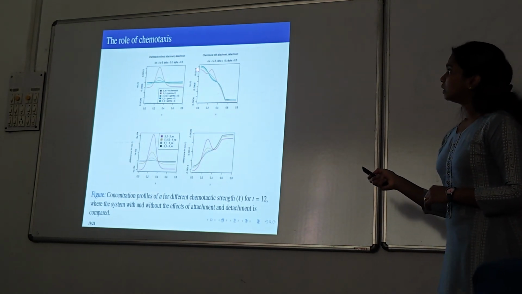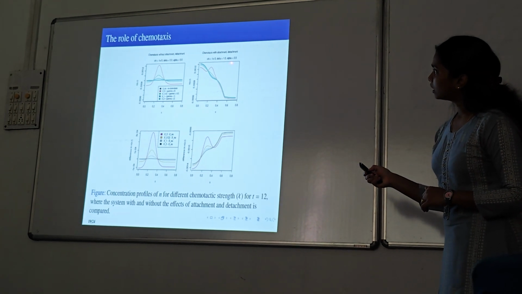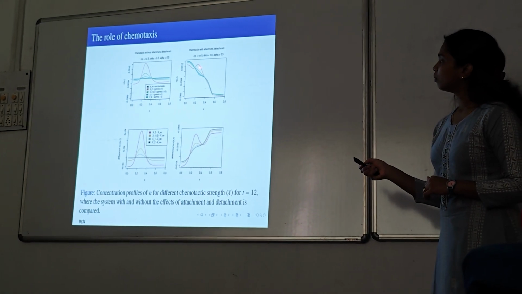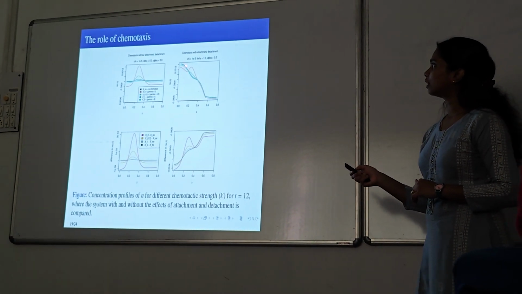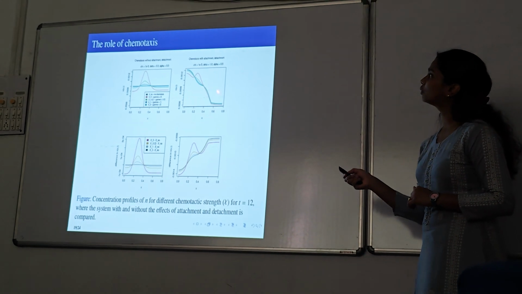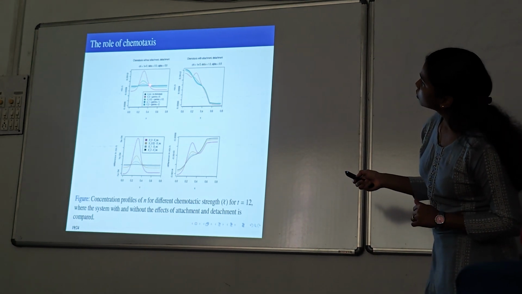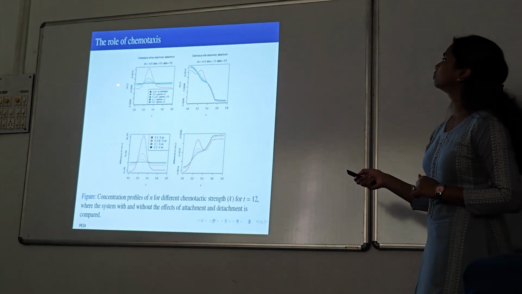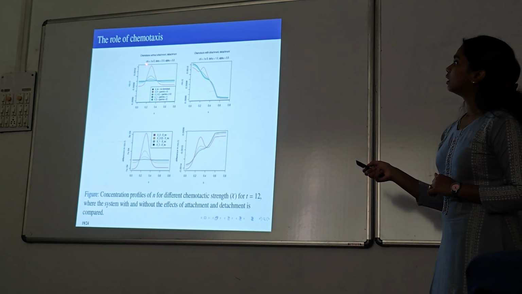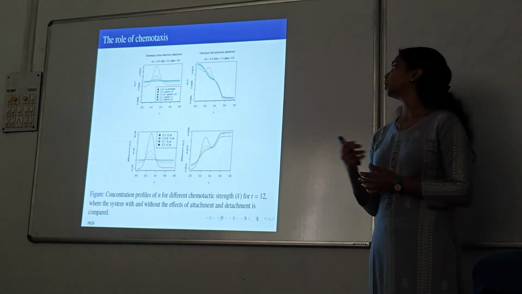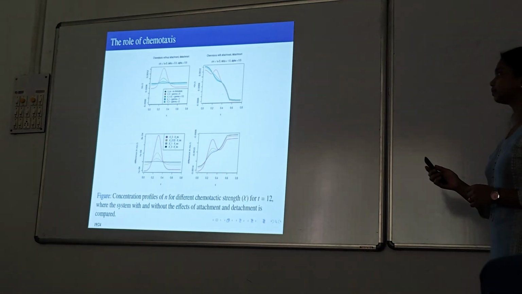With the chemotaxis part and the attachment and detachment, we see this difference here. This is more inclined, but not for all of the cases. But when we don't have attachment and detachment, we see a nice peak forming here where we have the maximum chemotaxis.